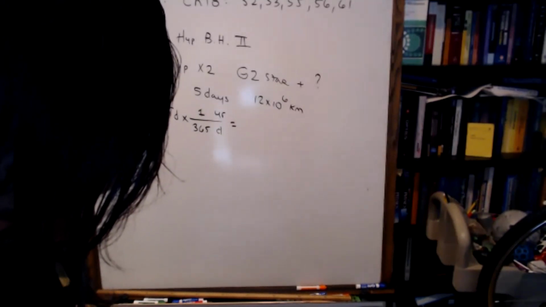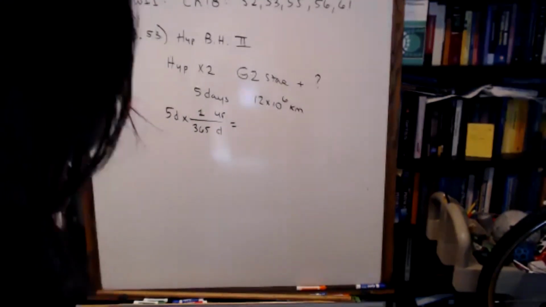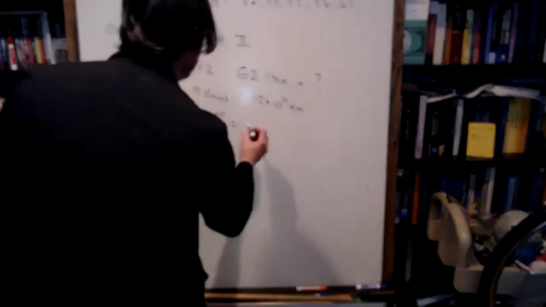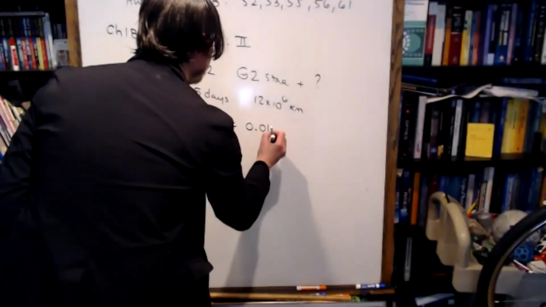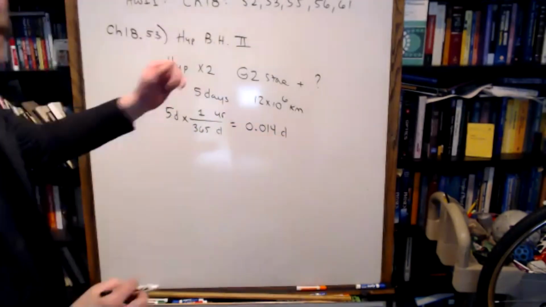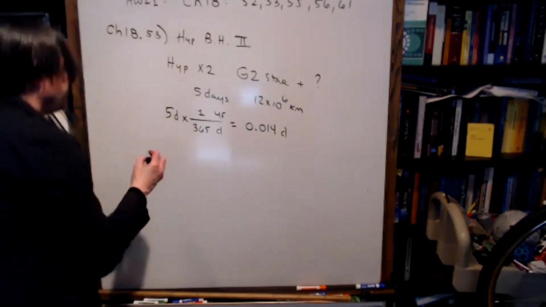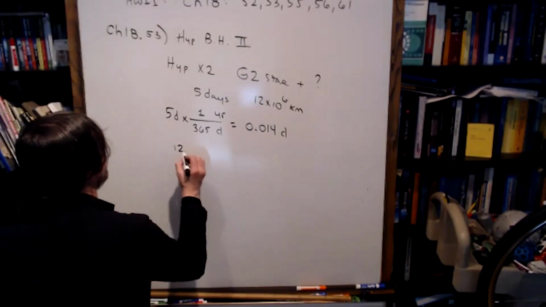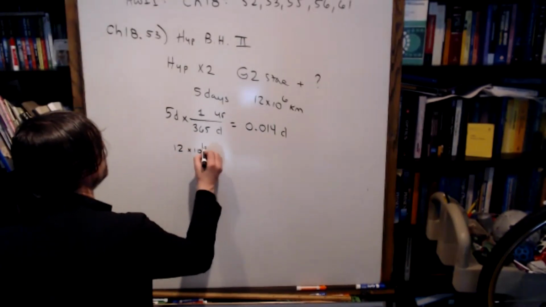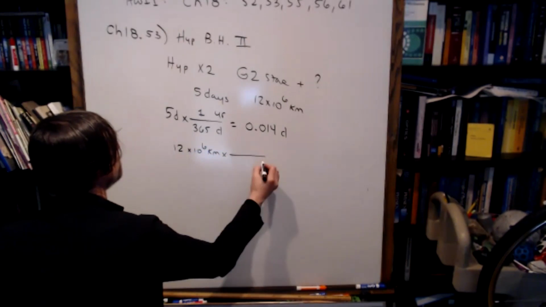No, the period was 1 day more, but okay. Well, this time it's 0. We'll use 2 sig figs. We'll keep a second sig fig. The other one was 0.010. And here we have 12 million kilometers.